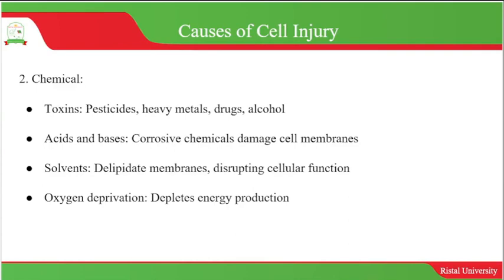Meaning that the depletion of oxygen will lead to no burning of this glucose with oxygen, and we may end up having anaerobic respiration that may result in production of acids that usually burn the membranes, and that will also disrupt the normal physiology of our cells.